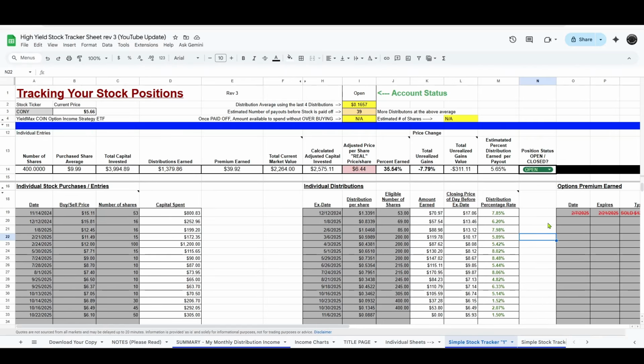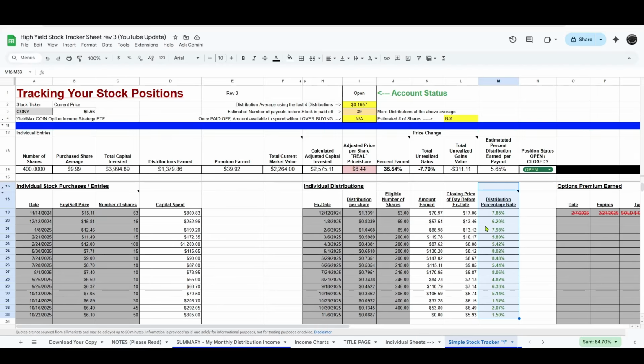And one of the things I have changed or added here is this estimated percent distribution earned per payout, okay? And that is the average of this new column that I have here. And this new column is basically the distribution percentage rate. And that is using the amount that you're earning and what percentage of the actual stock price that is at the time of that X date.